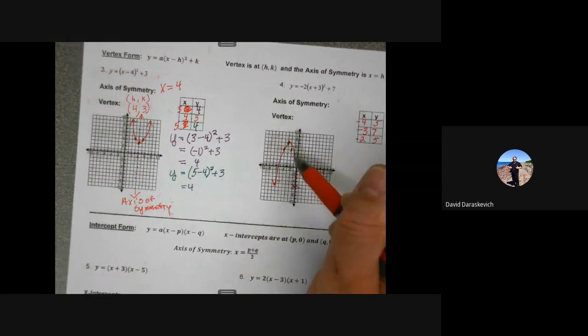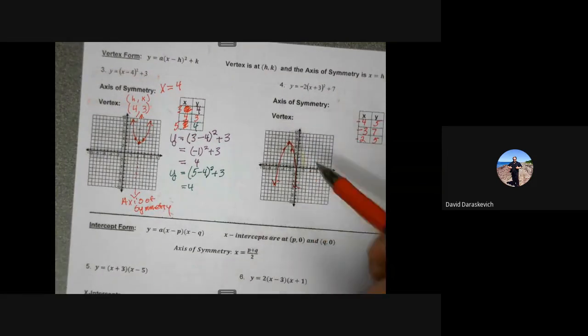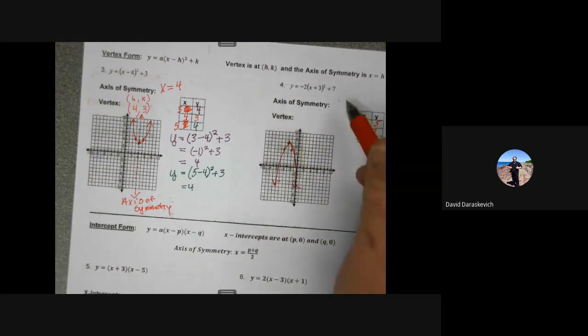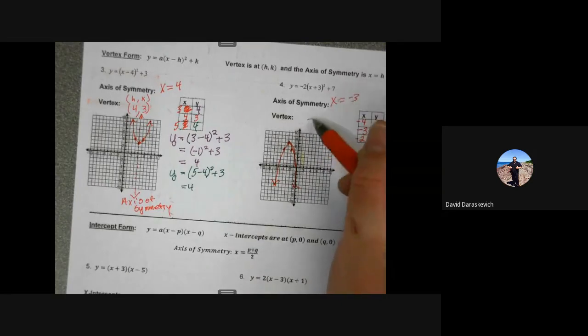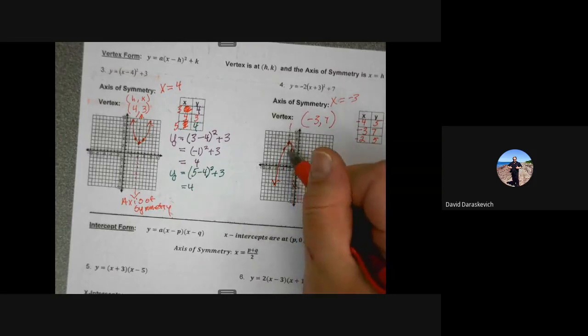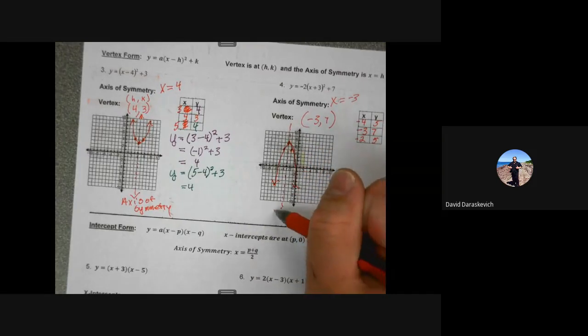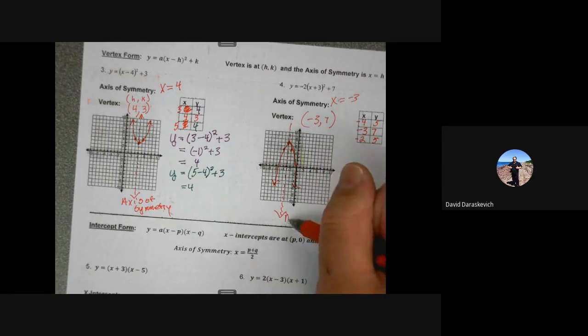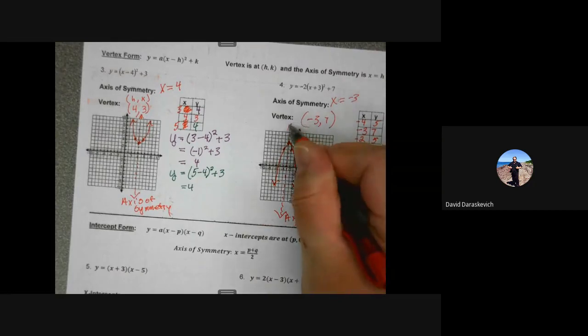Oops, I missed that point. Axis of symmetry is x equal -3. Highlight that axis of symmetry.